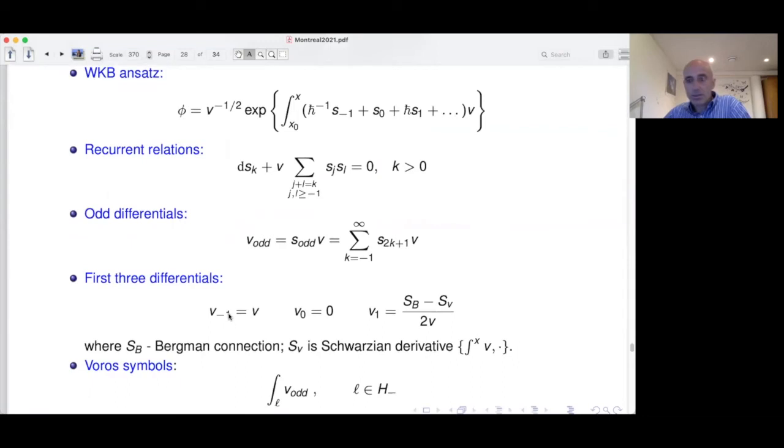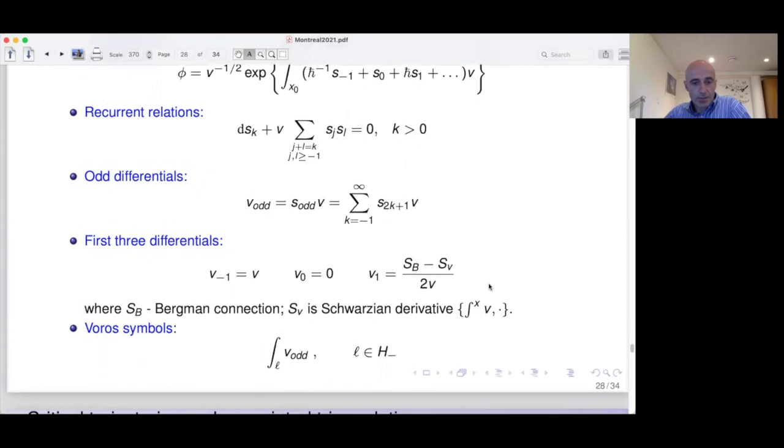So the first differential is this V, the second is 0 actually. Well, this is important. And V1 you write in terms of Bergman connection minus the Schwarzian derivative of the Abelian integral of V with respect to any local coordinate. So this is meromorphic, and all others are also meromorphic. And then you can integrate them. They are all odd with respect to the natural involution. You can integrate them over all cycles in H minus. What you get are these periods called Voros symbols.